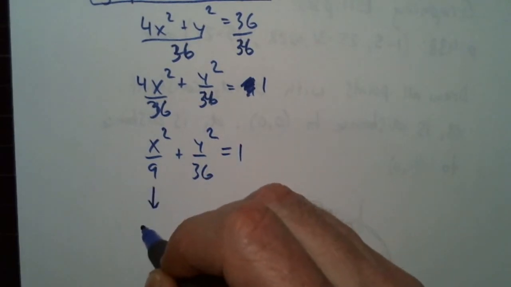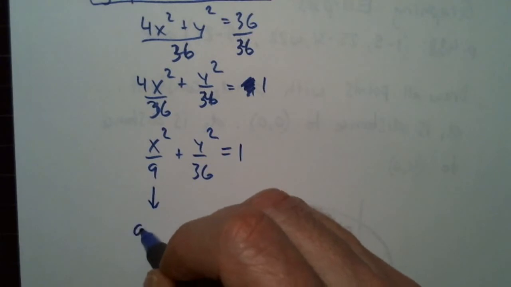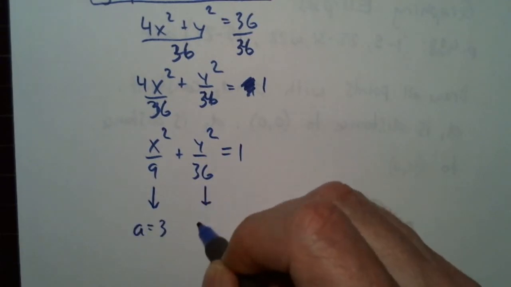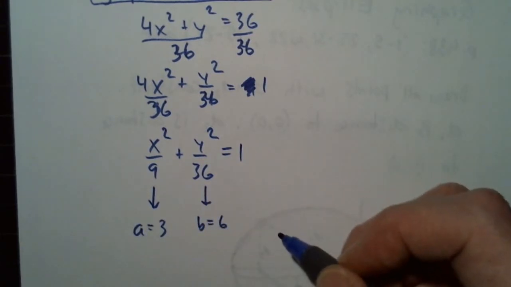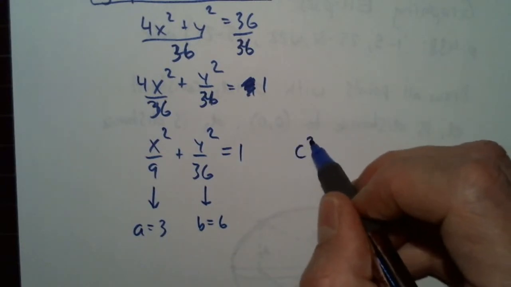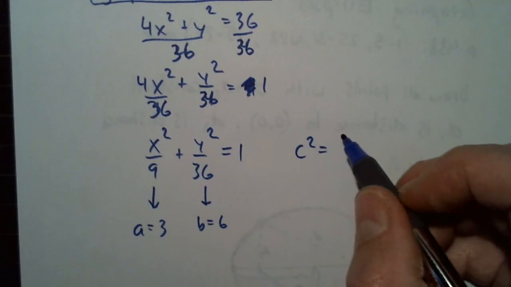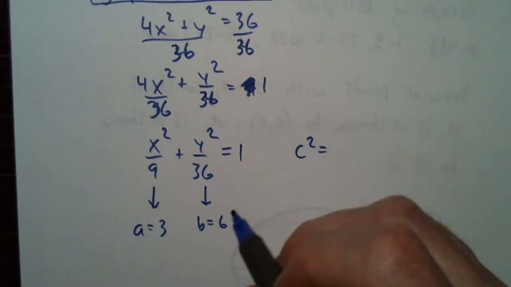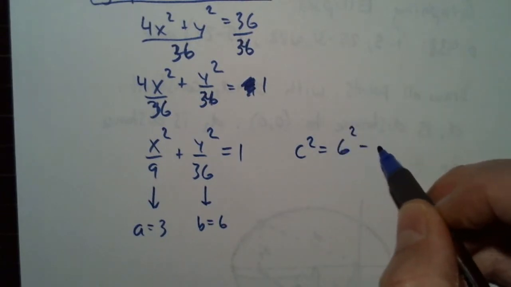So this tells us that a equals 3, b equals 6. And if we know that, we can also do c squared equals, and in this case we have to do the 6 first.